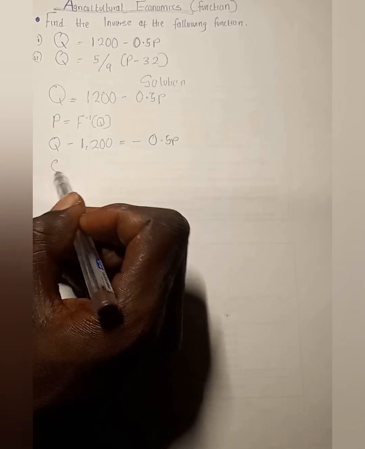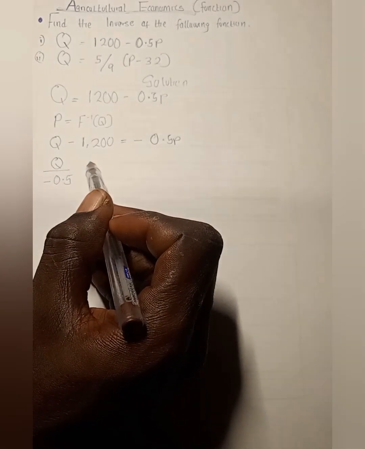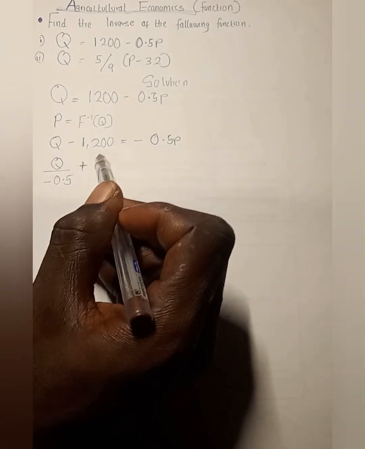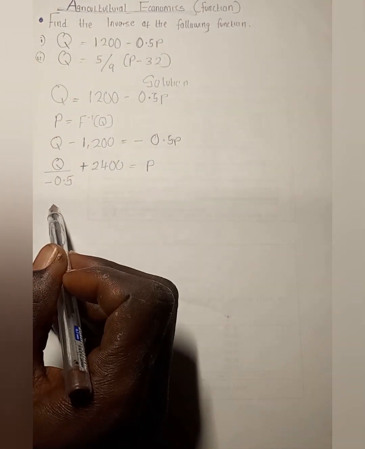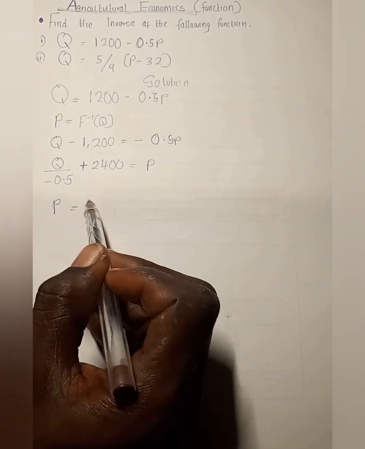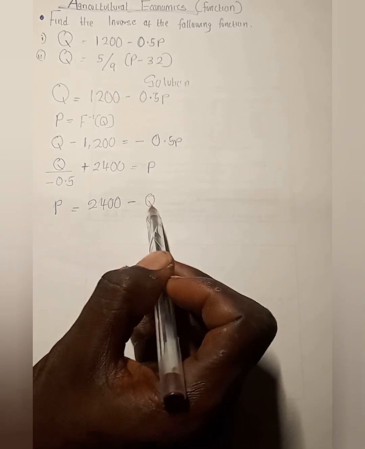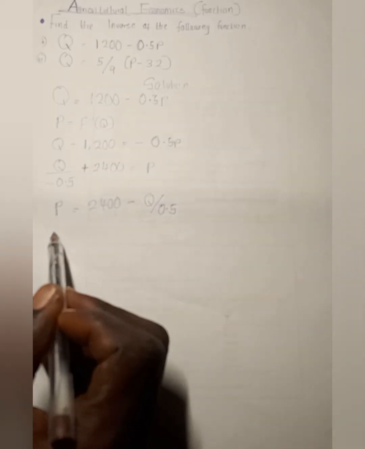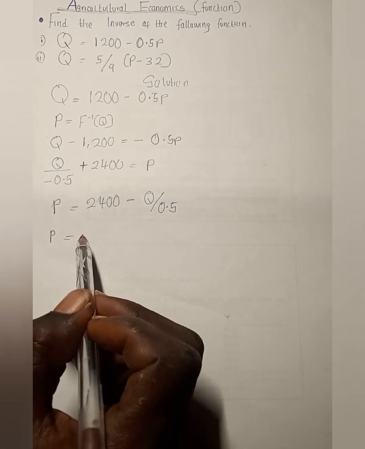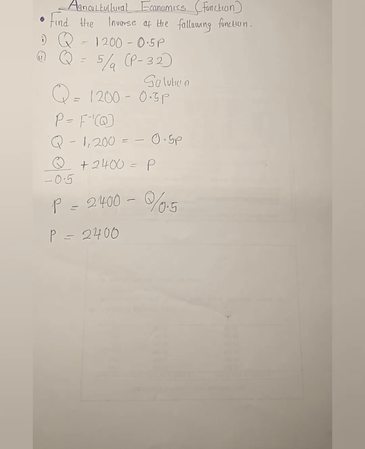That will be Q over minus 0.5 plus 2,400 equals P. Then P is equal to 2,400 minus Q over 0.5.